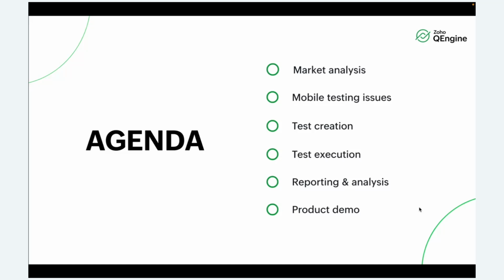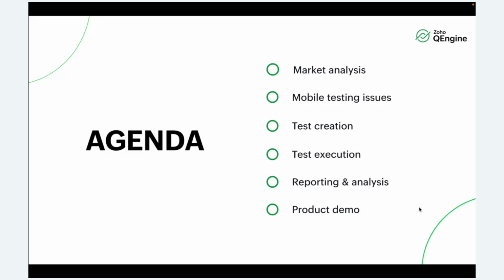So today's agenda: we'll be starting off with market analysis of mobile applications, and then we'll be looking at the common issues testers face with mobile application testing, and then we'll be looking at how to create test cases for mobile applications using Zoho QEngine. Then of course we'll be looking at test executions, and reporting and analysis for all of these test executions using Zoho QEngine.